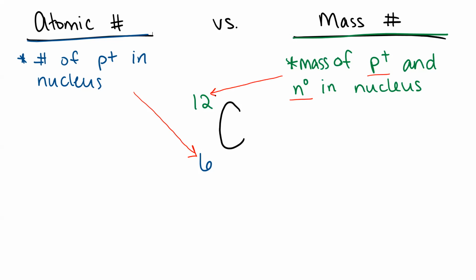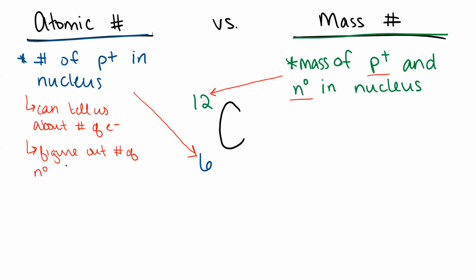This is also going to play a bigger effect later because if we know the atomic number and we know the number of protons in the nucleus, it can tell us about the number of electrons, and we can also figure out the number of neutrons using both this and the atomic number.